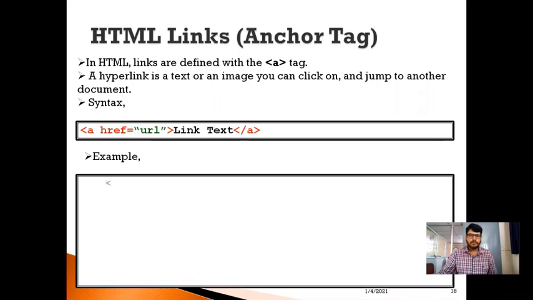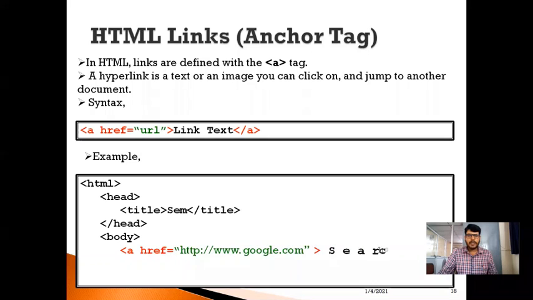For example, you can see here, I'm going to create one sample web document. If you observe, I'm going to use the anchor tag within the body section, and I'm going to use the href attribute to provide one sample URL here. I'm going to include the google.com homepage URL here, and the text I want to create is "search Google".